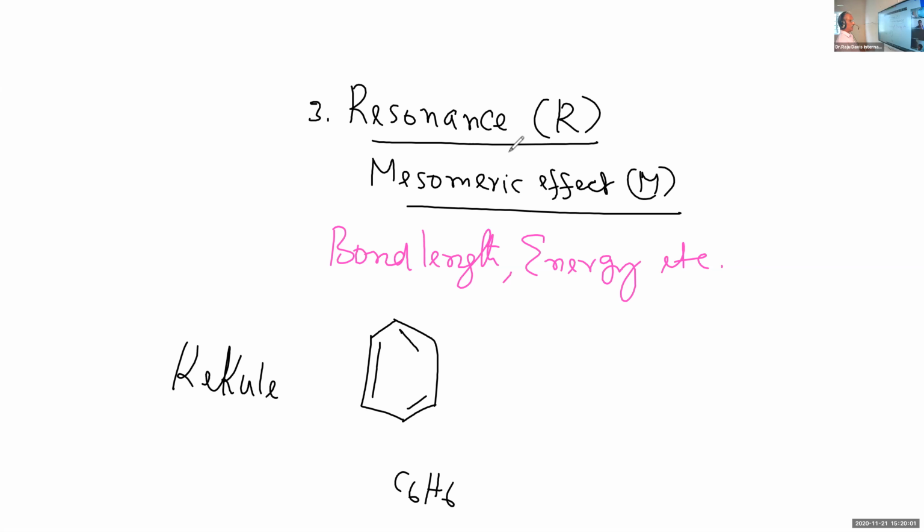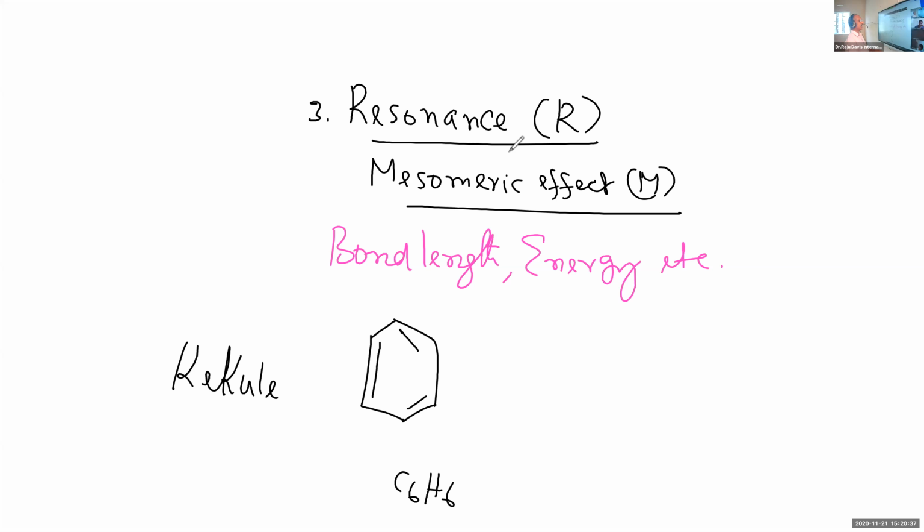If this is the only structure for benzene, there should be carbon-carbon double bonds in benzene. If there are carbon-carbon double bonds, then benzene should be an unsaturated molecule, and it should be highly reactive. But benzene is not that reactive as other carbon-carbon double bonded compounds, say CH2=CH2, which is highly reactive.